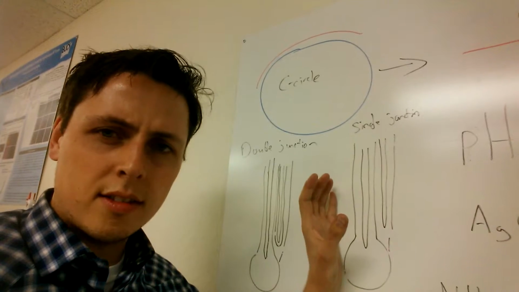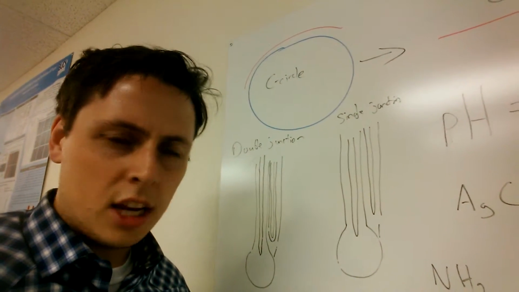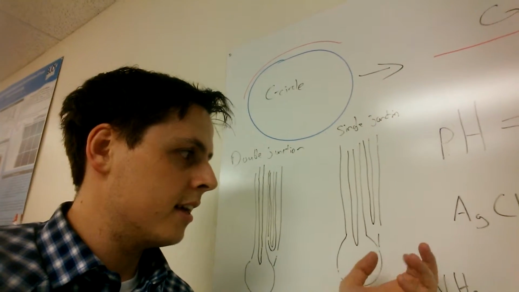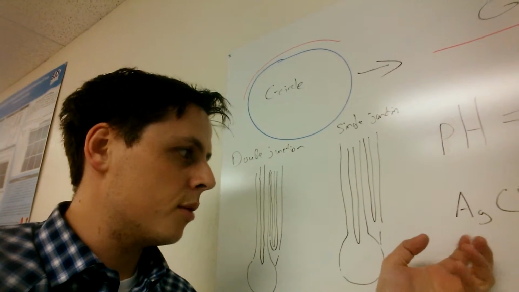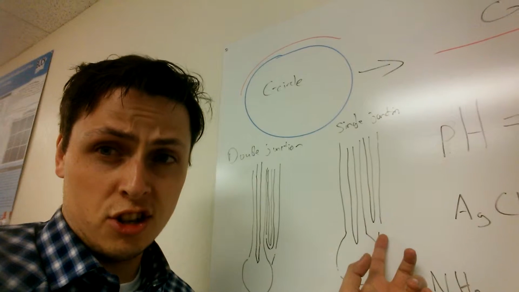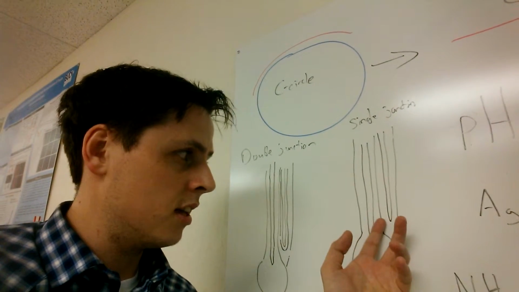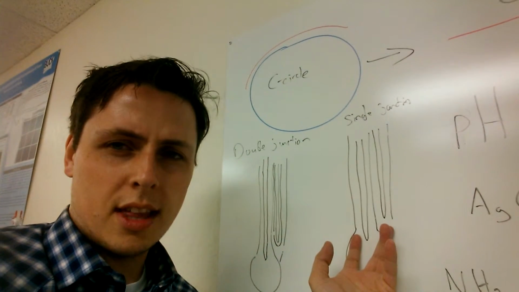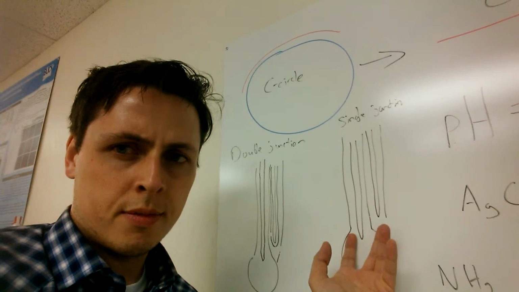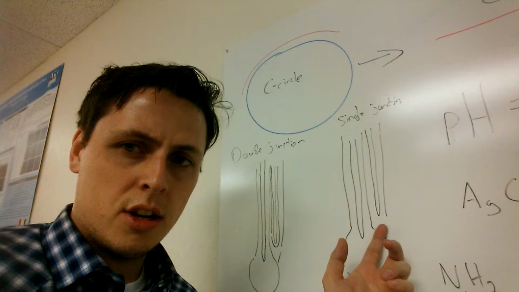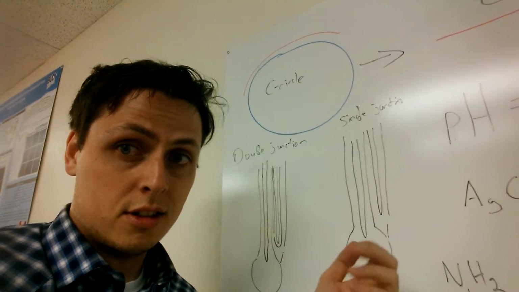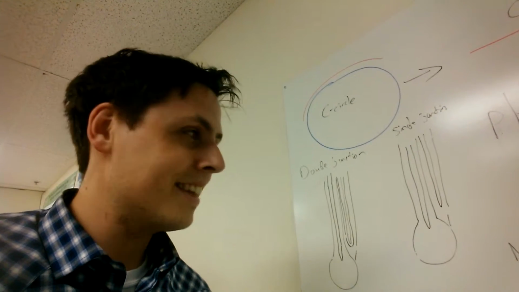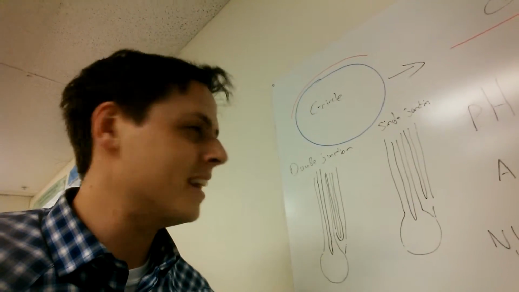So you put this in the solution, and then you can measure the potential across this by ions from the solution going through something called a junction into this cavity with this electrode, and you measure that potential there. And it requires this junction to be clear, to be open. So gosh, this is upsetting that this happened.